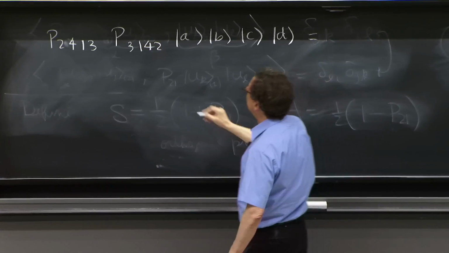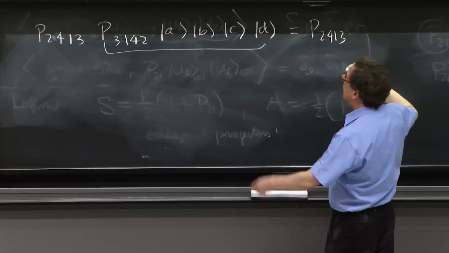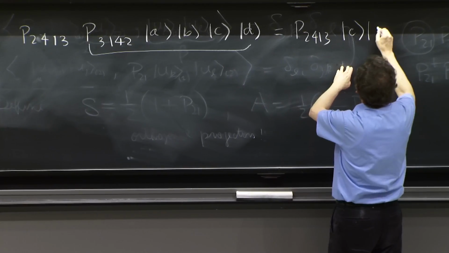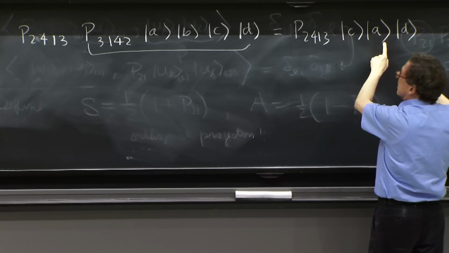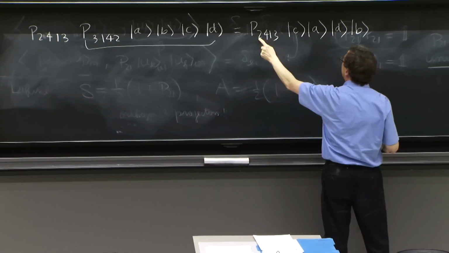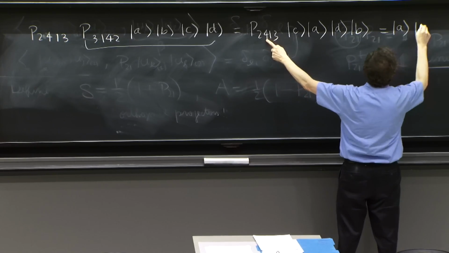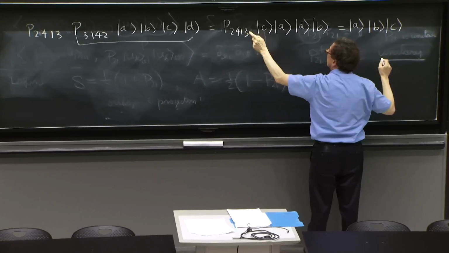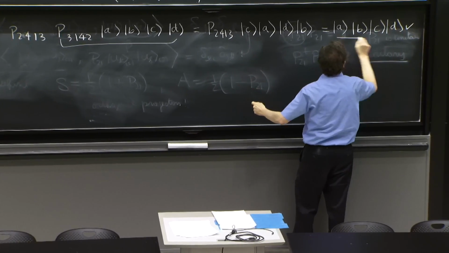Well, the first one you already know is: put the third in 1, put the first in 2, put the fourth in 3, and put the second in fourth, B. And then P2413 says put the second first, so that's an A, put the fourth second, B, put the first third, C, and put the third fourth, D. So it's back to the original one.